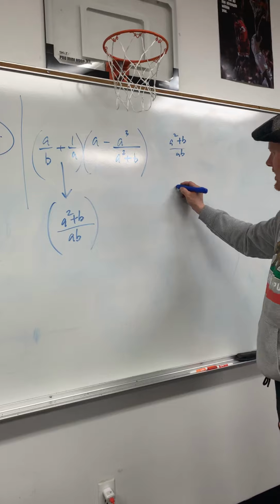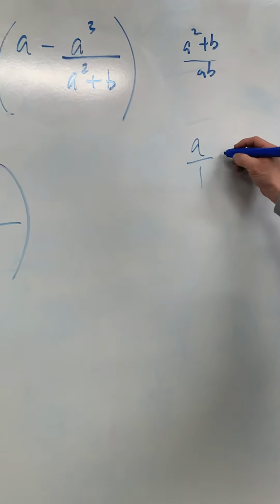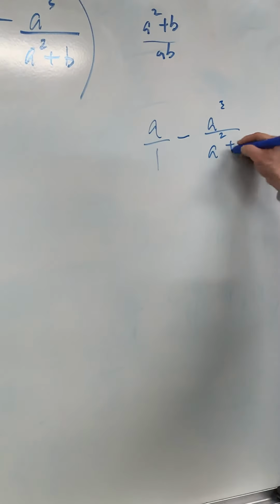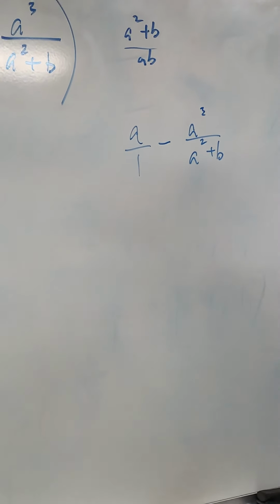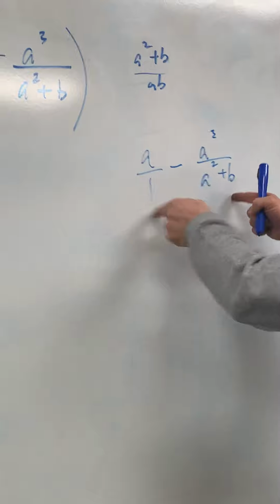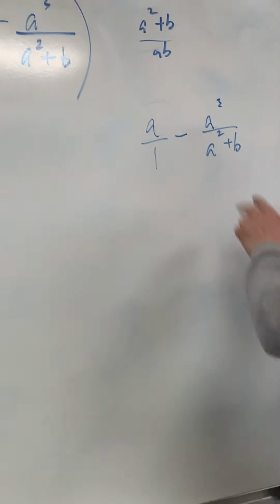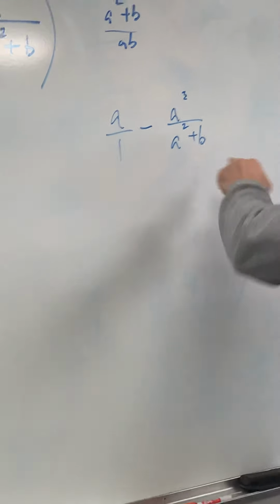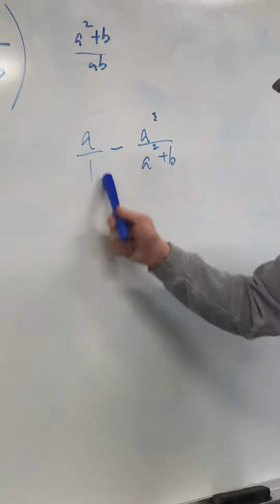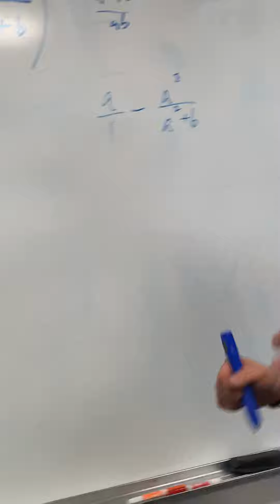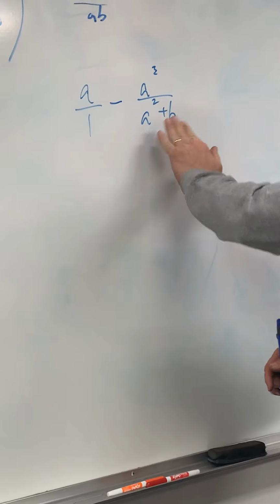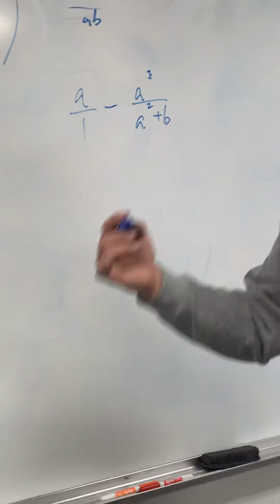All right, so A over 1 minus A cubed over A squared plus B. Now, what do we need to do if we're going to subtract these? That's right, we have to have a common denominator, which is going to be A squared plus B. So I need to take A over 1 and turn it into a fraction that has A squared plus B as a denominator. So how do I do that?